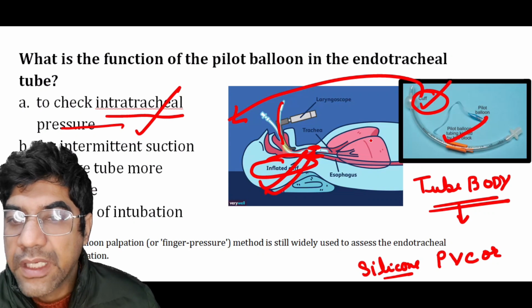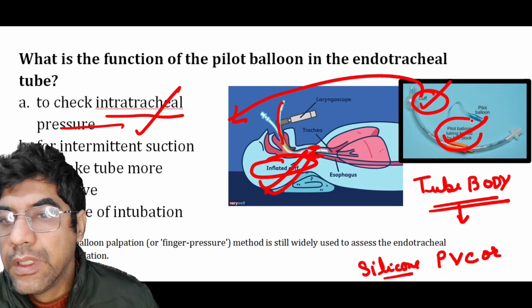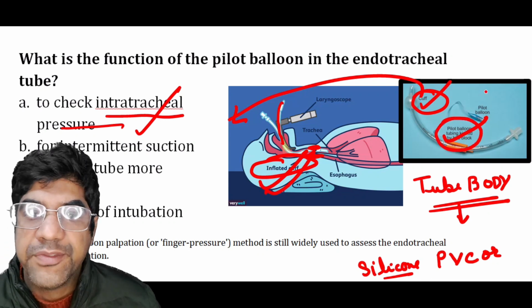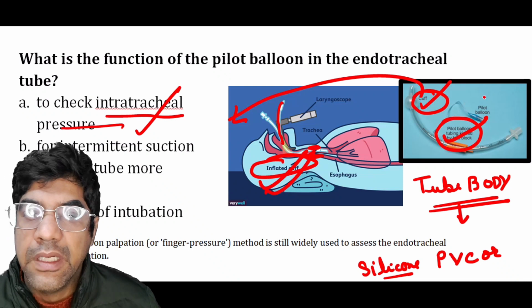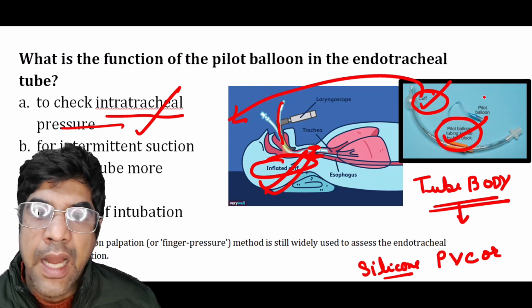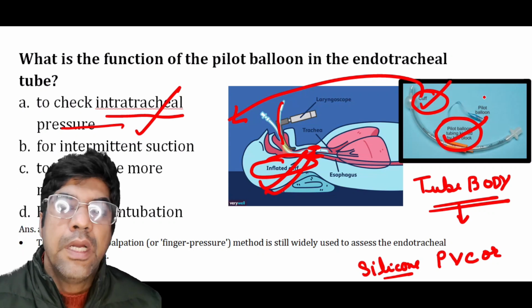The cuff is connected to the pilot balloon via a small channel within the tube. Cuff inflation is an important step after the endotracheal tube is correctly positioned in the trachea.